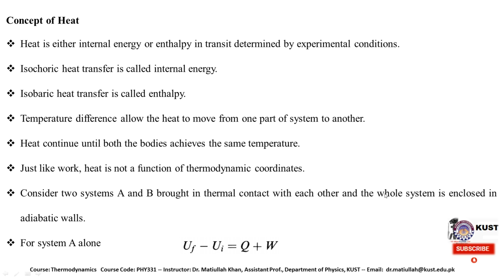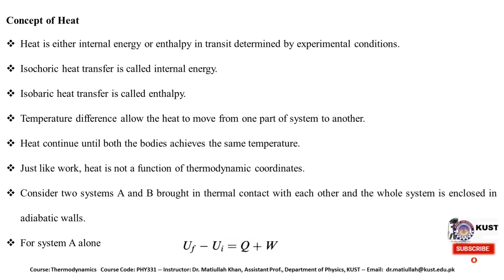Keep in mind there is a temperature difference between the two bodies, and the whole system is enclosed by adiabatic walls. Both the bodies are placed in an adiabatic container.